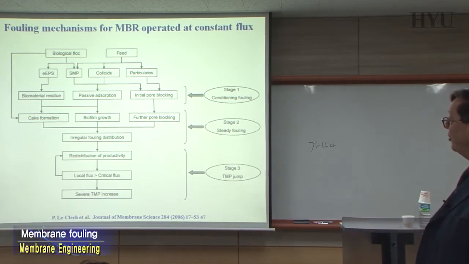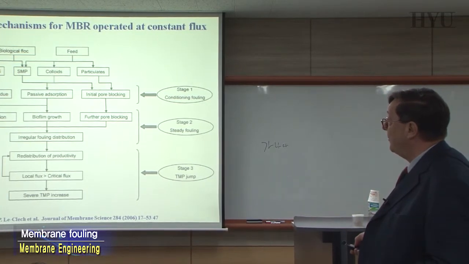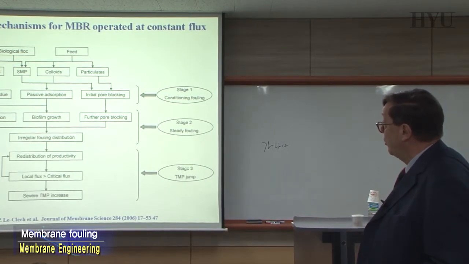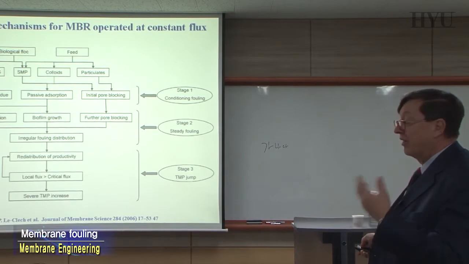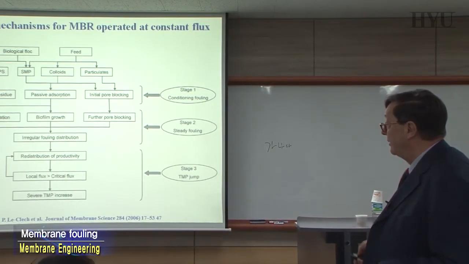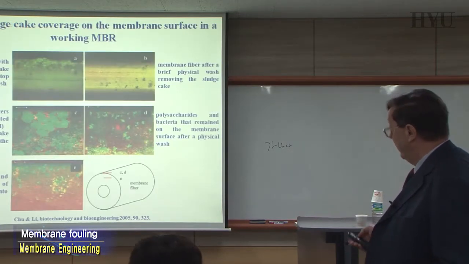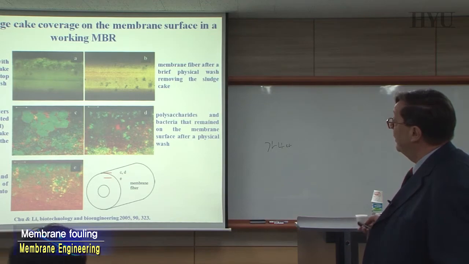But if you are not able to control what is going on, suddenly the transmembrane pressure jumps up, and that is a problem. That normally happens when you are overcoming the critical flux of your system.